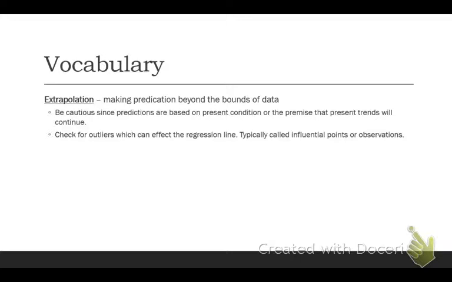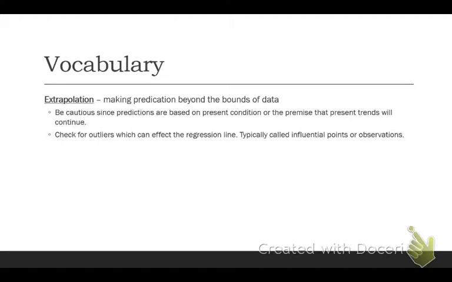They found other oil locations with larger amounts of oil. And so because of that, both of those assumptions crumbled. The present condition changed, and also the trend changed. Okay, so extrapolation can be useful, but it can also be inaccurate.